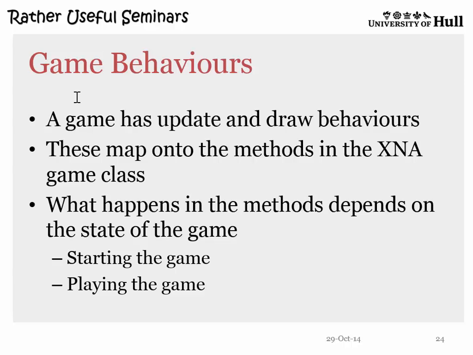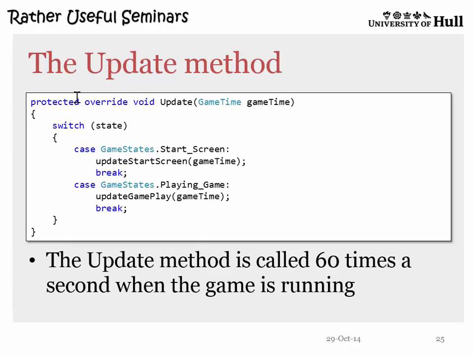If you look at the way I've done this, this is my update method. XNA calls that and says, okay, time for you to update. I have a variable called state which has two possible values, start screen and playing game. If I call update and I'm in the start screen state, I'll call update start screen. If I'm in the playing game state, I'll call update gameplay.